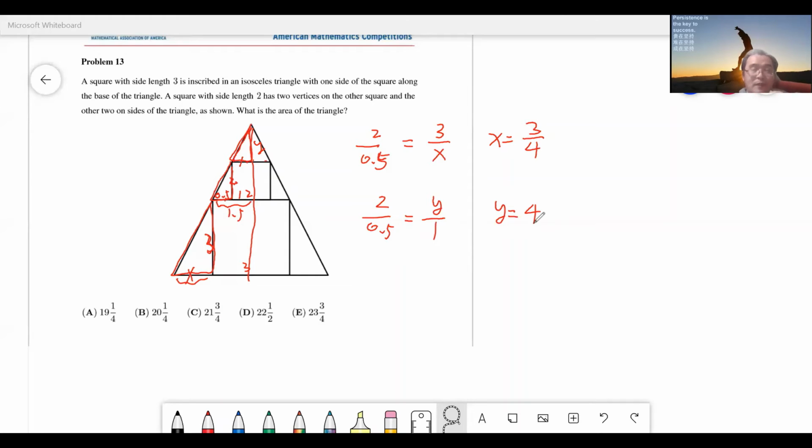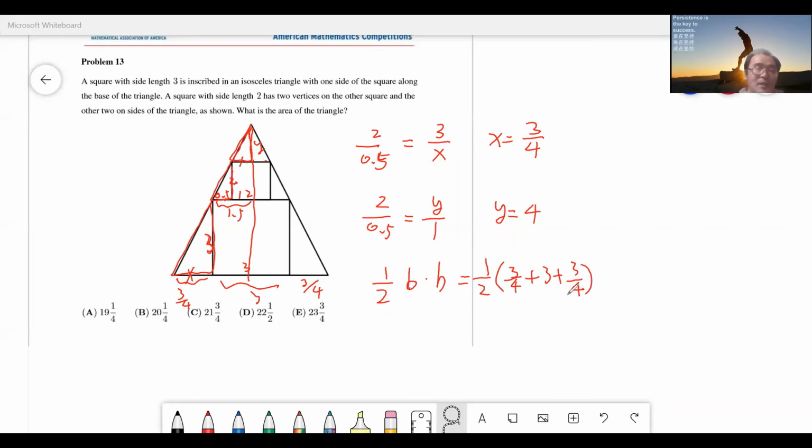Right, so then we can find the area of this triangle. Pretty easy, right? If we want to find the area of the triangle, that's going to be half of base times height. So the base, you can see this is 3/4. So this is 3, this is 3/4. So the base is 3/4 plus 3 plus 3/4.